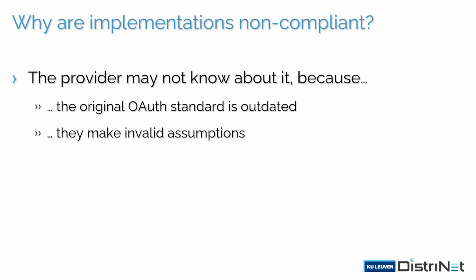And so they made it mandatory, right? Not only for public clients, but also for confidential clients with passwords. And so we've seen implementations that support this PKCE countermeasure only for public clients, not for confidential clients, even though it's now mandatory to implement in confidential clients. If you don't, you have a potential vulnerability.